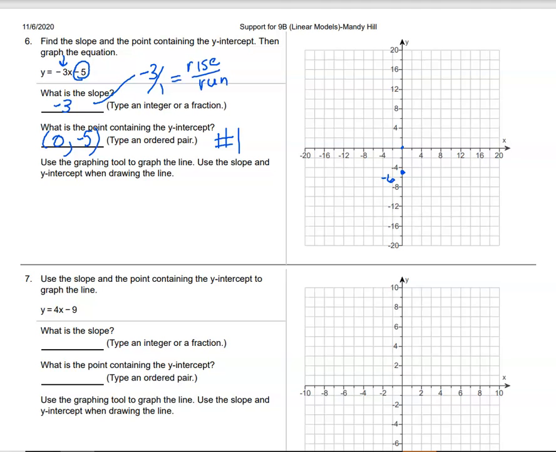So if it's not a fraction already, you can just put a 1 underneath and it would make it a fraction. So our directions are to go down 3 and to the right 1 from where we were at. We're at -5. So if we go down 3, we're going to be at -8 and to the right 1. We're going to plot that point, and that's going to make our straight line.